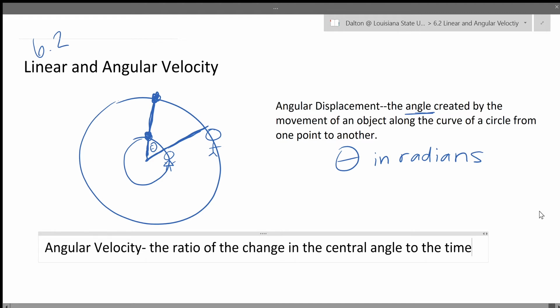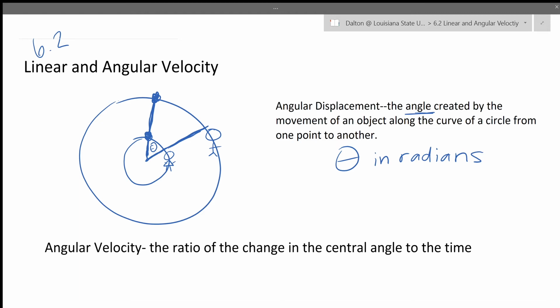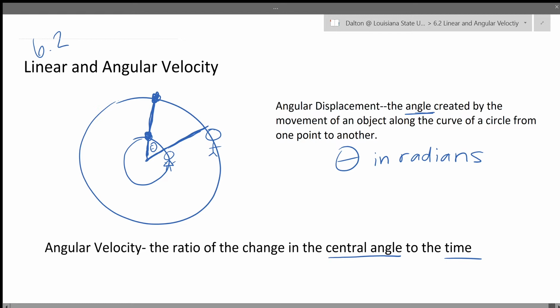So that ratio just compares those two units, except instead of miles per hour, the distance that we're talking about is that central angle and the time. This central angle needs to be theta in radians. And then time could be minutes or seconds. It just depends on the problem.